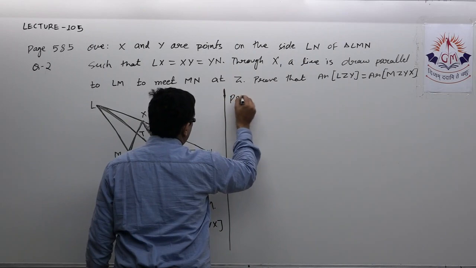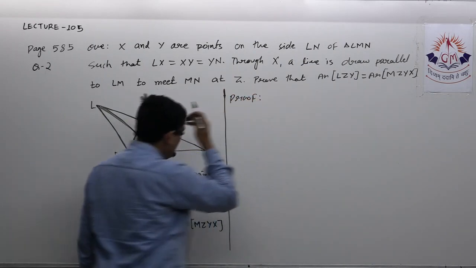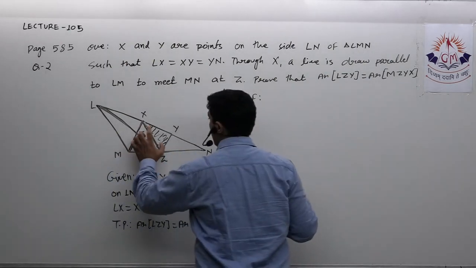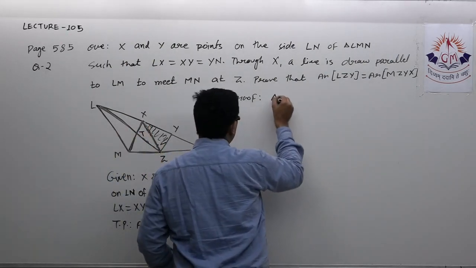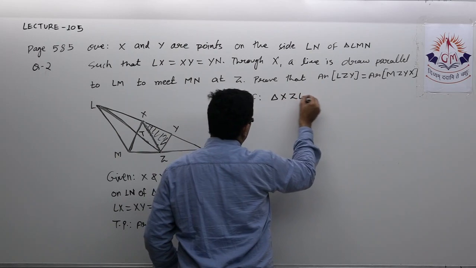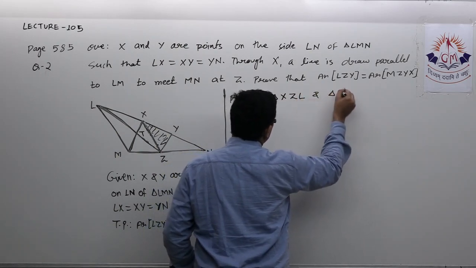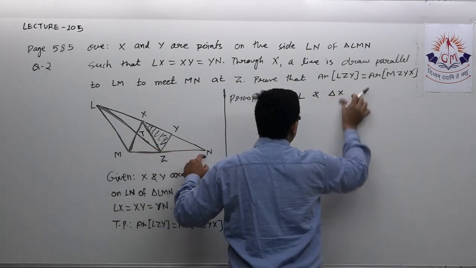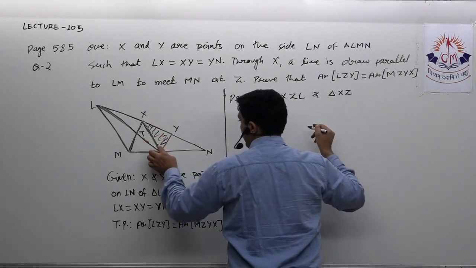Now let us see its proof. Construction is not required. So here I start with triangle XZL and triangle XZM.